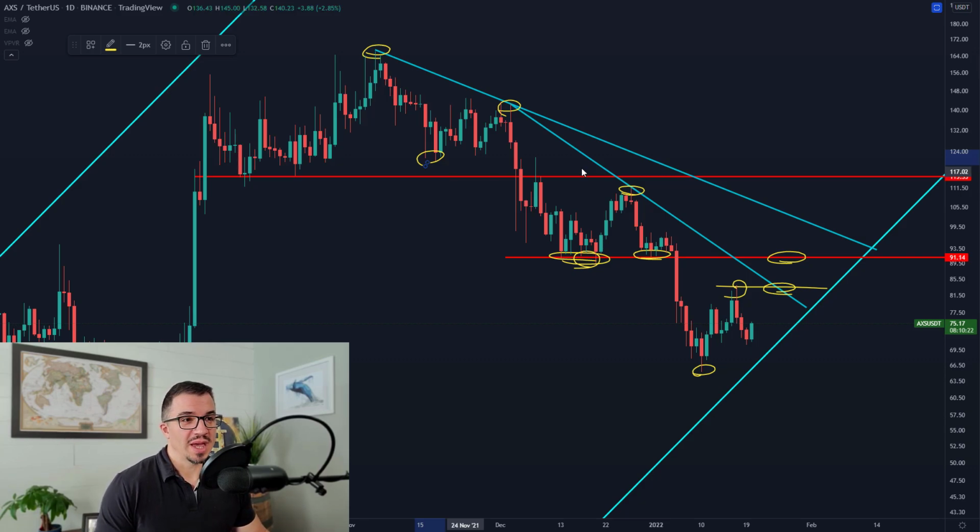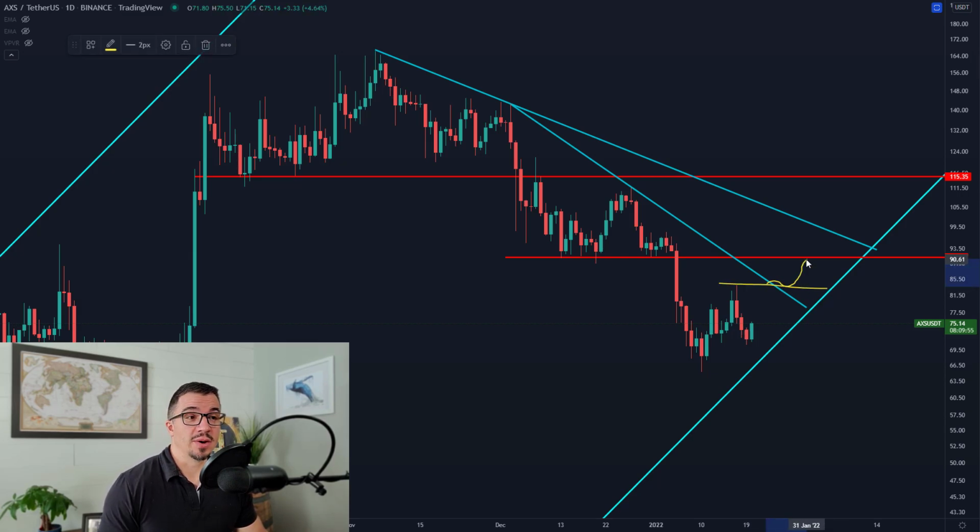And so in order to do that, we need to see AXS get above this area right around $84 to carve that first higher high, flip this to support, and then move up and reclaim that area right around $90. So we're basically looking for a change in trend right now from lower highs, lower lows to higher highs, higher lows. And so far, we don't quite have that.